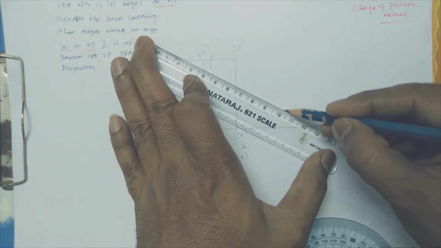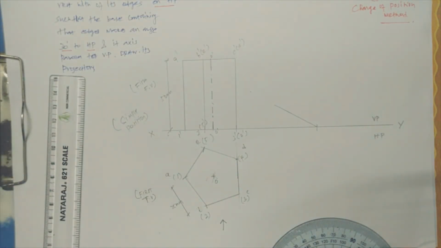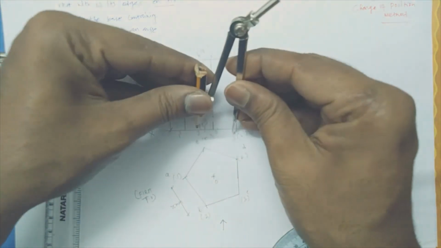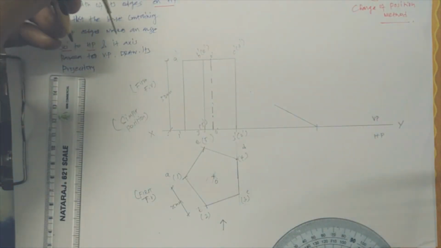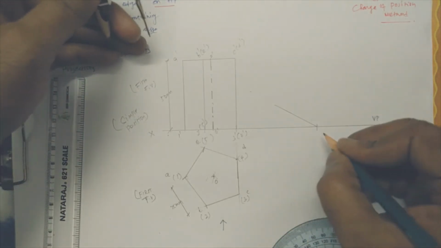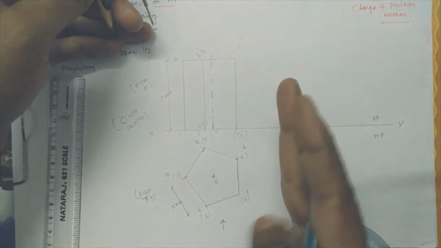Hereafter you need not use the scale for measurement. Once the simple position is over, it's not required. Whatever the thing, the same position only you are going to change. So you have to measure from here. I just fixed it here. This point is 3 dash and 4 dash. This base only we are going to lift.